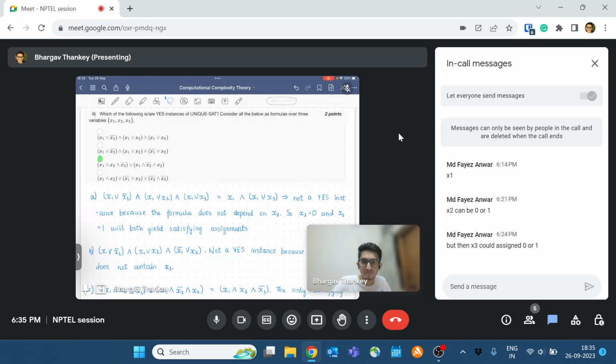So I have yes instances, I have no instances, and then the don't care conditions. So there are three sets: yes instances, no instances, don't care. Make the don't care set empty.